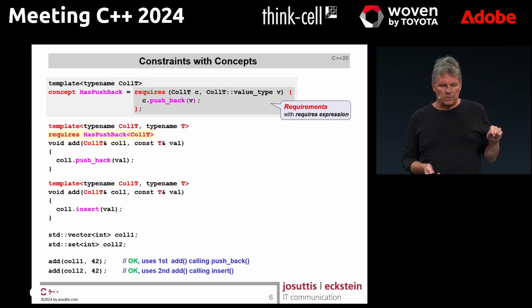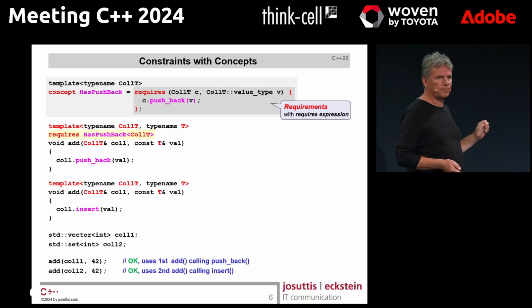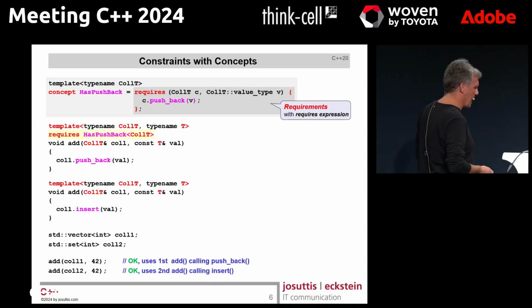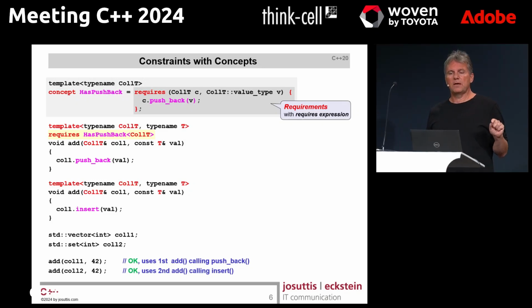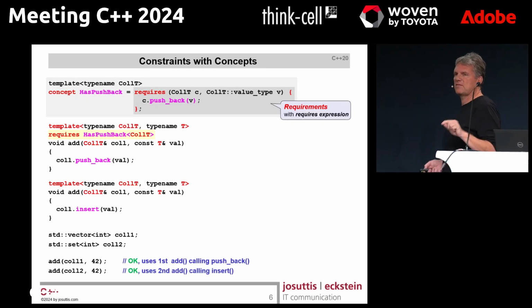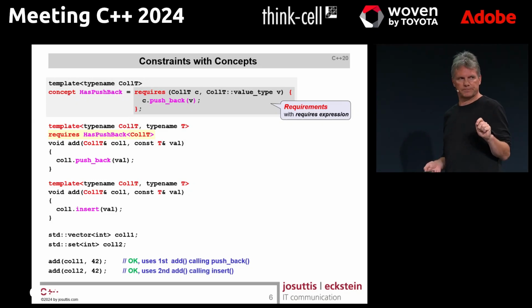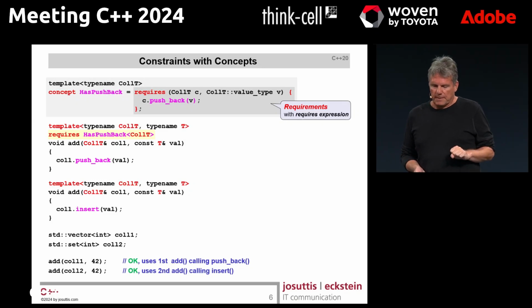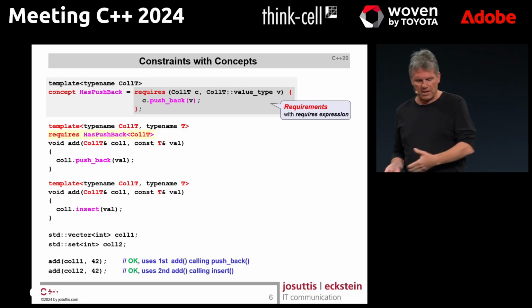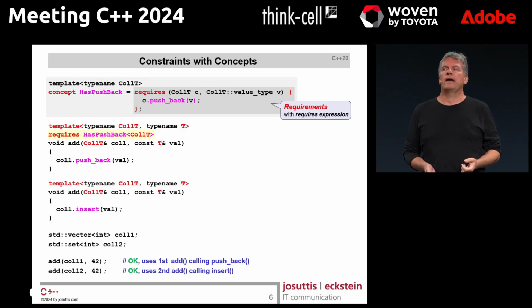You formulate on the right requirements, could be multiple. In fact, we have here multiple requirements. One requirement is that Coll T has a member value_type, and the other is that push_back is supported, provided you have a value of the value type and a collection of the collection type.